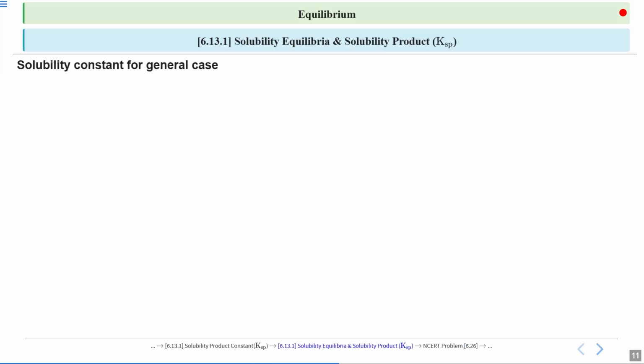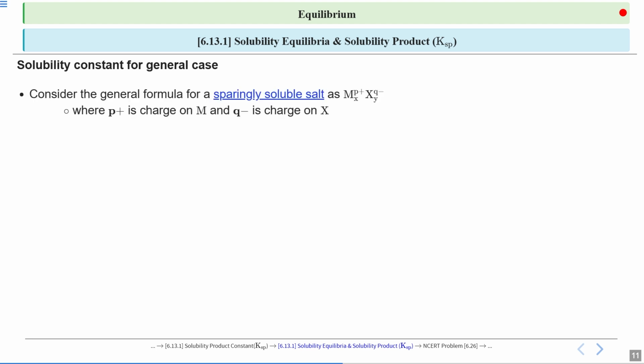Now we will try to define this same relation for a general case. So this would be more important to you. Let's see. We are considering a sparingly soluble salt here, and that sparingly soluble salt is represented as MxXy, with p+ as the charge on M and q- as the charge on X. Remember, this is very important.